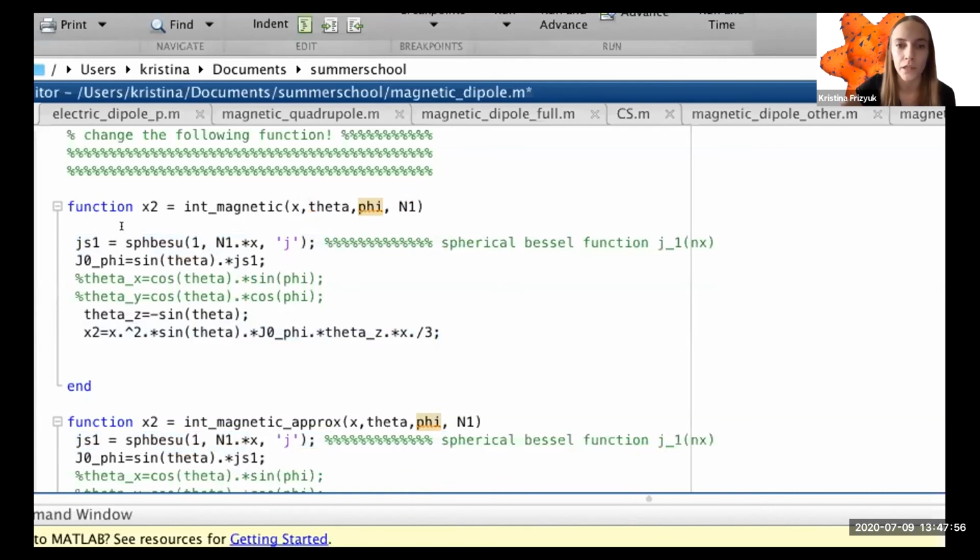I would like to note that this function computes the spherical Bessel function, which depends on x multiplied by the refractive index. And maybe you should also use this function one more time to compute a different type of Bessel function. And if somebody got the result, please tell me about it.